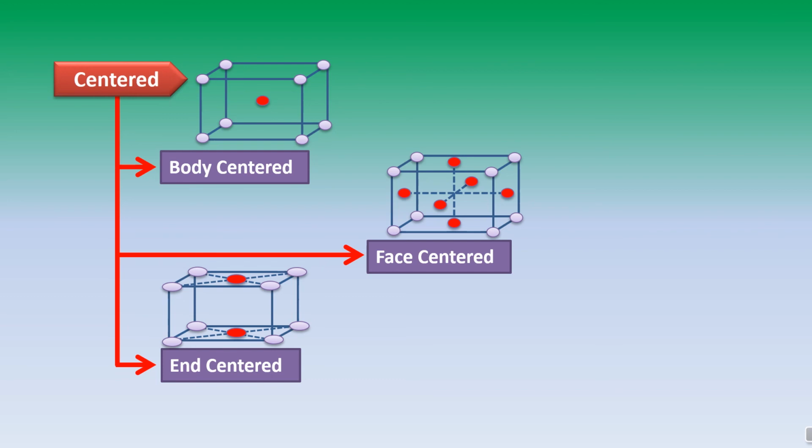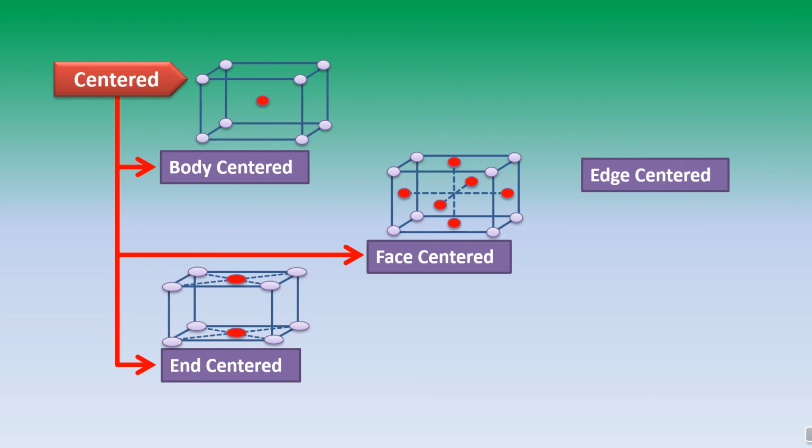You can take any two opposite faces and in that we have to take the face centered atoms, and along with that atoms are at the corners. Atoms at the corner is common. In addition to that, there must be a face centered atom on the opposite faces. It should be opposite faces. That's why we call it as end face centered.